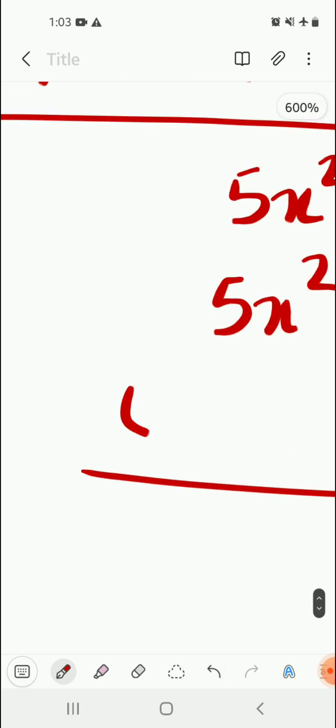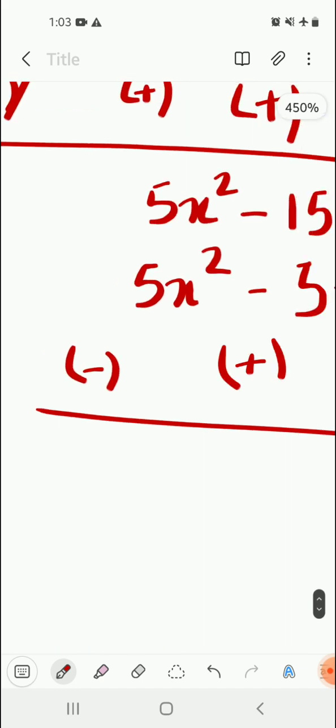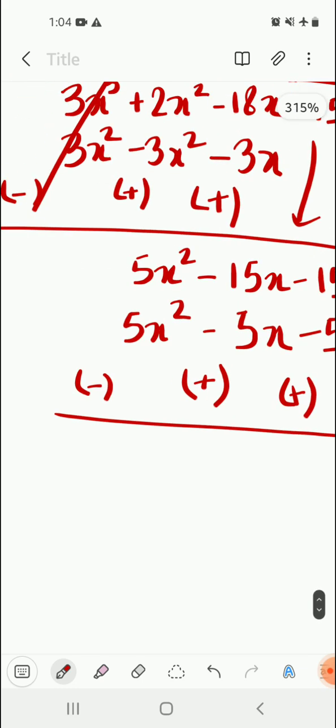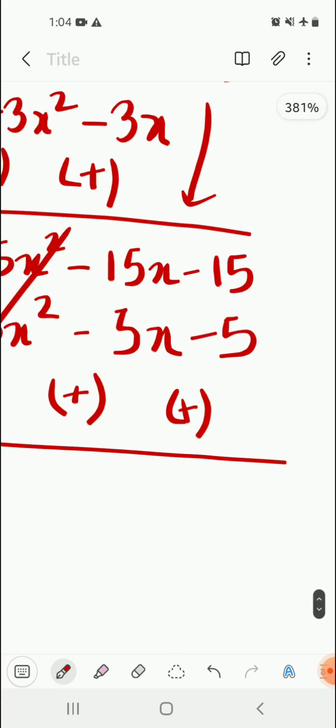Now sign needs to change. This becomes negative, this becomes positive, this becomes positive. So 5x square minus 5x square gets cancelled. Minus 15x plus 5x would become minus 10x. Minus 15 plus 5 would become minus 10.